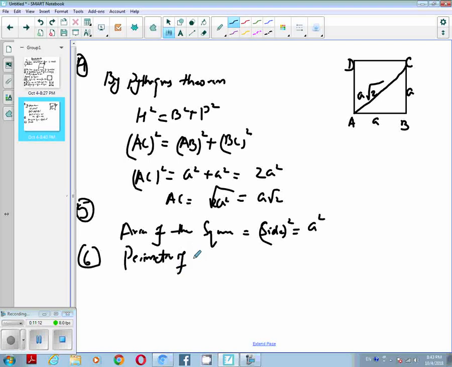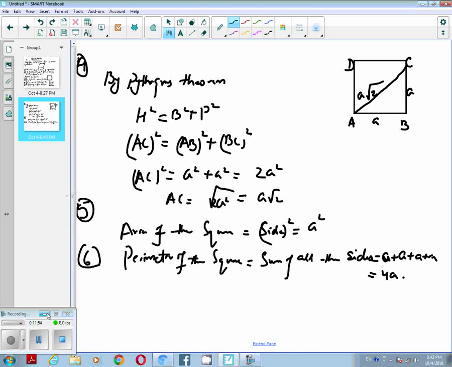Perimeter of the square is equal to sum of all the sides, and that is equal to a plus a plus a plus a. That is equal to 4a. So the perimeter of the square is equal to 4a.